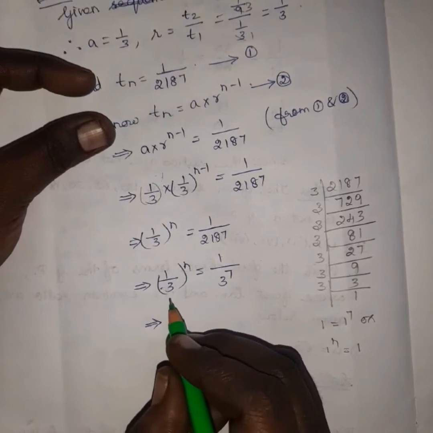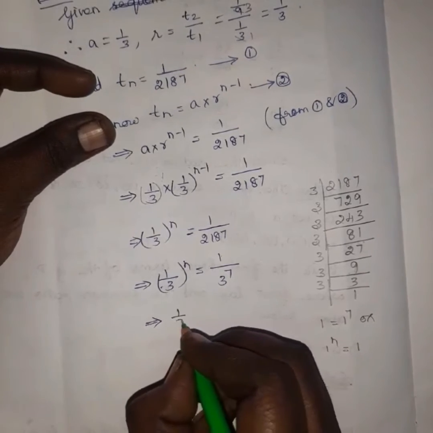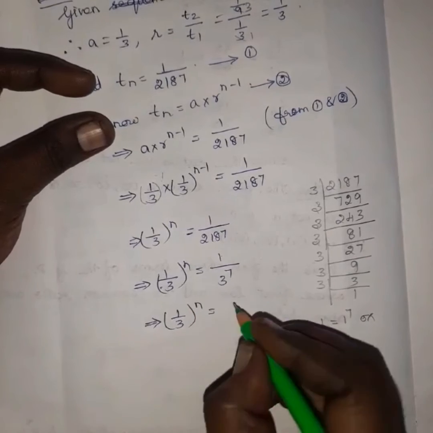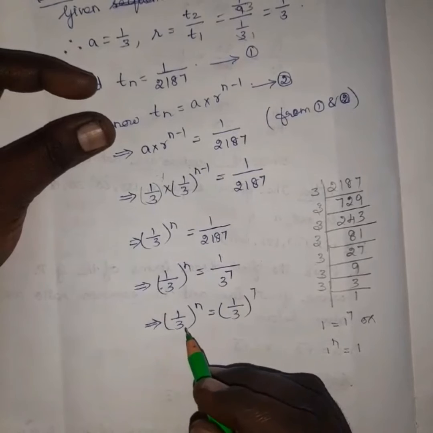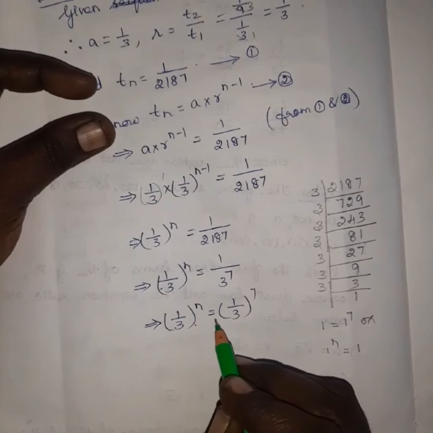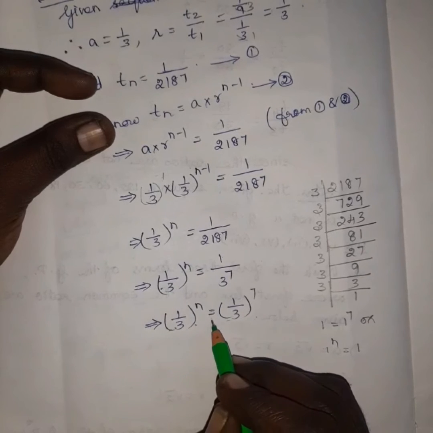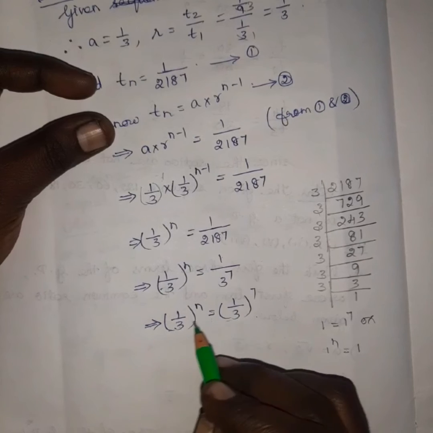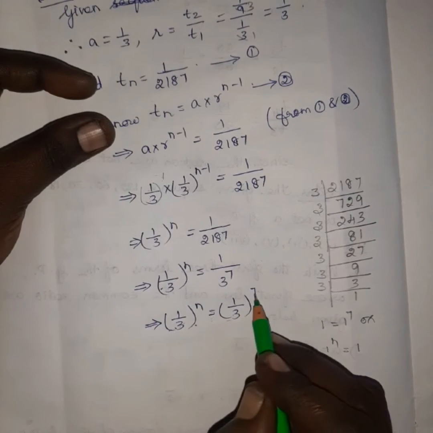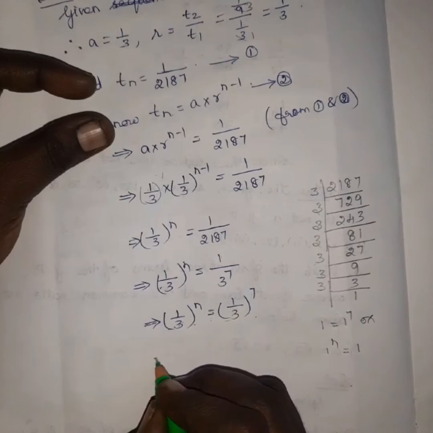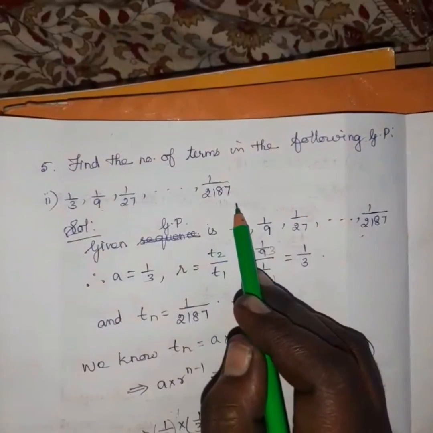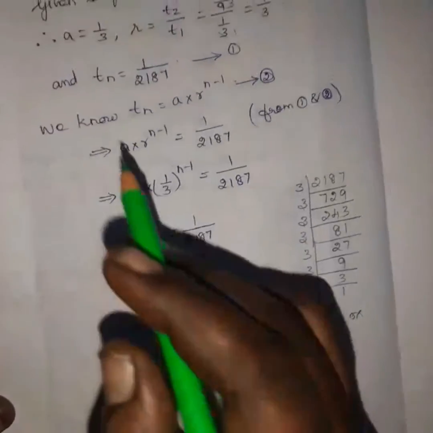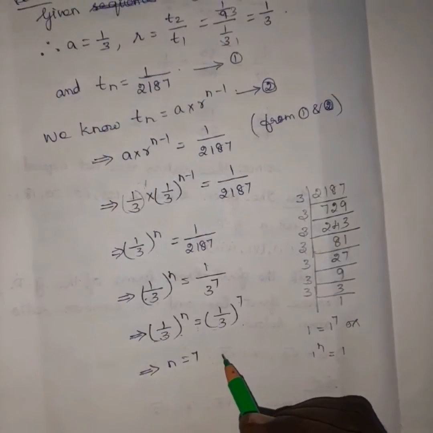Okay, so we can write this as 1 by 3 the whole power n is equal to 1 by 3 the whole power 7. Okay. So the left side value equals the right side value, we got it. Also the bases are the same, so we can say the powers are also equal. Okay, which implies n equal to 7. So this term 1 by 2187 is the 7th term in this sequence, in this GP.